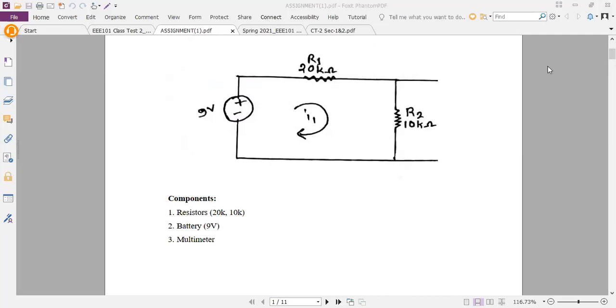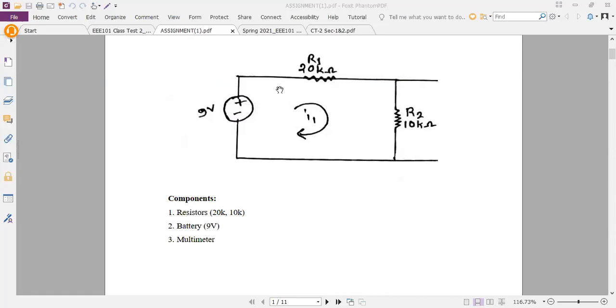Okay, now let's come back to the point. What I'm going to tell you: four people in one group. Among the four persons, you have to divide the work in such a way that one guy can implement everything in his house and share with everybody. Another guy will do the simulation, another guy will do the theoretical calculation, and another guy will prepare the report.